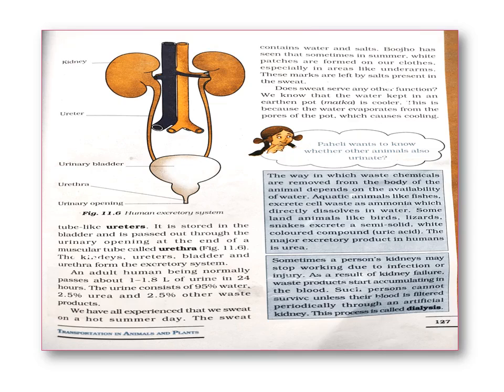Listen children, a resting person, that means a healthy person, has a pulse rate between 72 and 80 beats per minute. In 1 minute, our pulse beats 72 to 80 times.